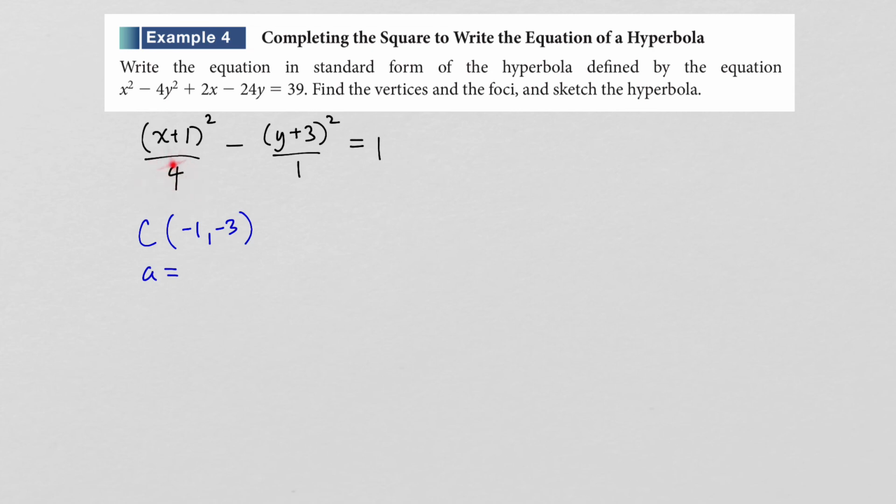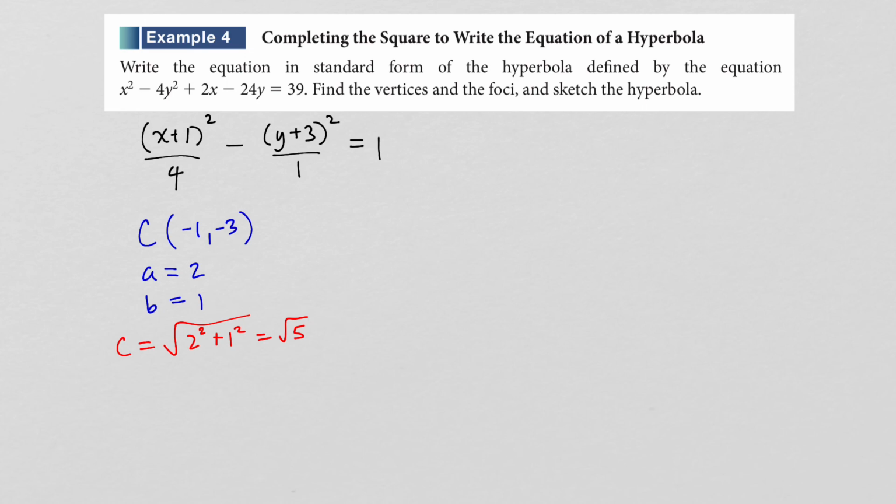Remember, this number is a squared, so a would have to be 2. b would have to be 1, right? Because the square root of 1 is 1. And once we know a and b, we can find the value of c. c is the square root of a squared plus b squared. And that, for this problem, is the square root of 5.